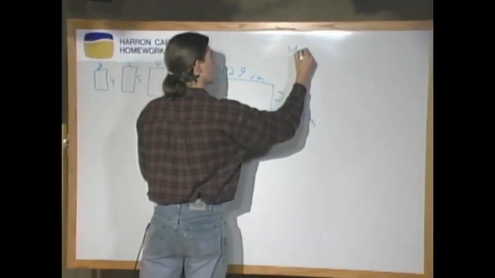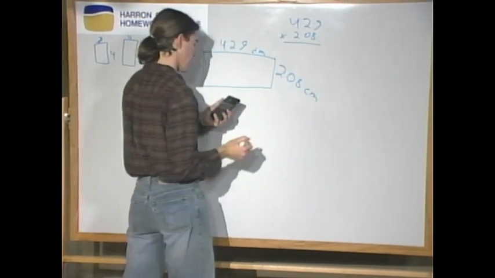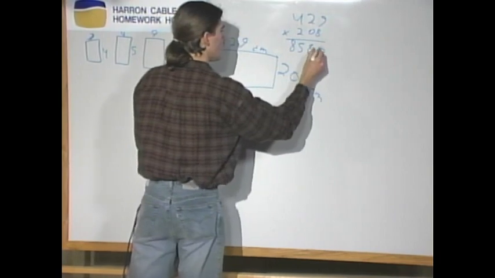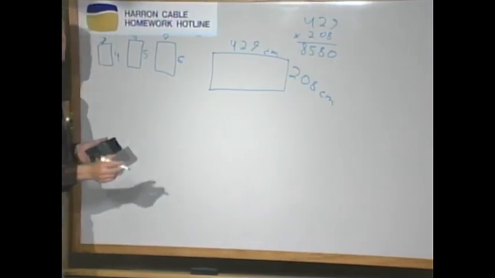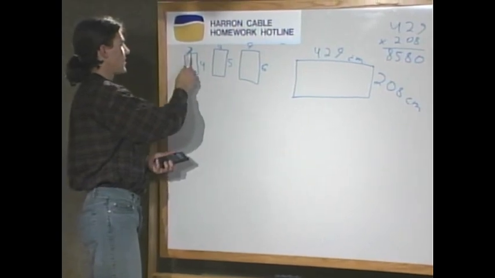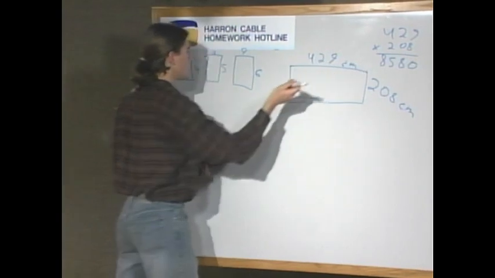I'll write that. And that came out to be 8,580. And then to find out which tile you can use, you have to multiply these to find out if it'll go into this area here, right?